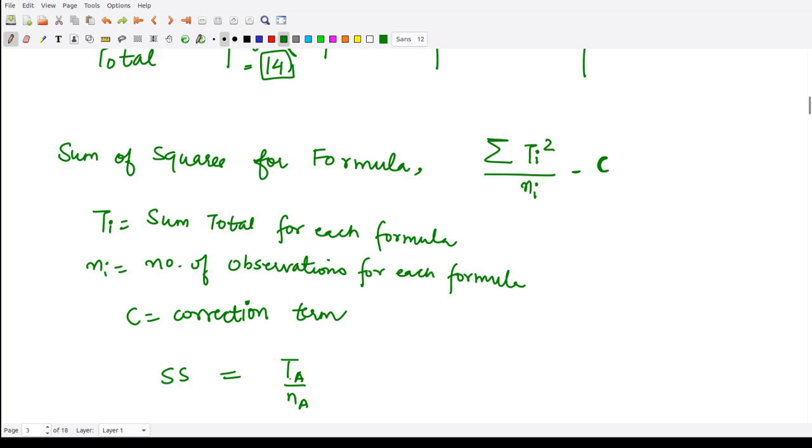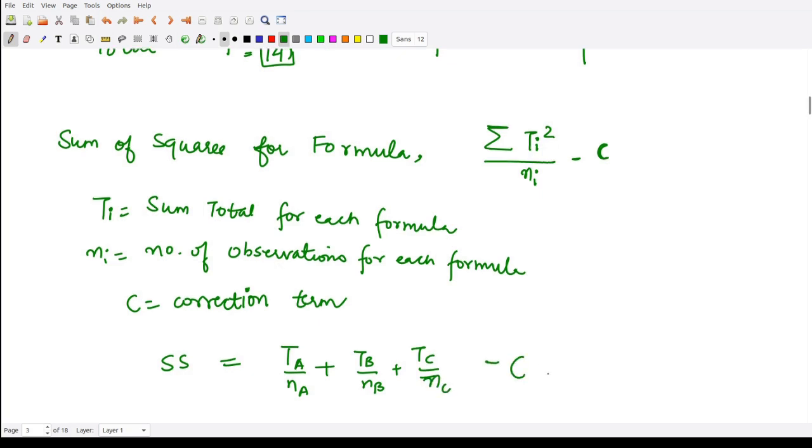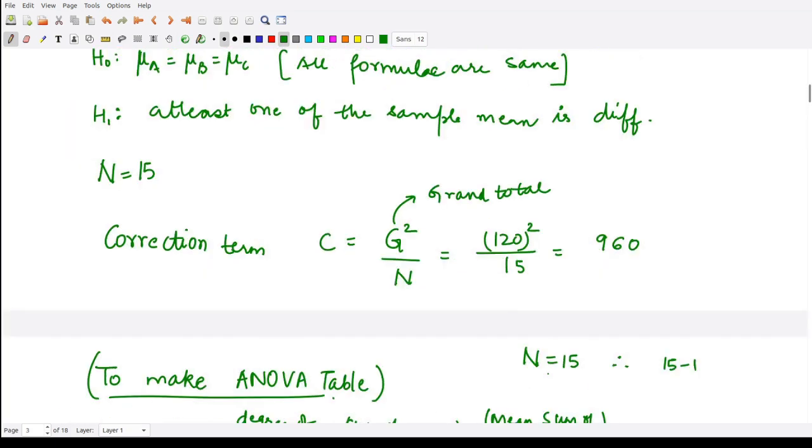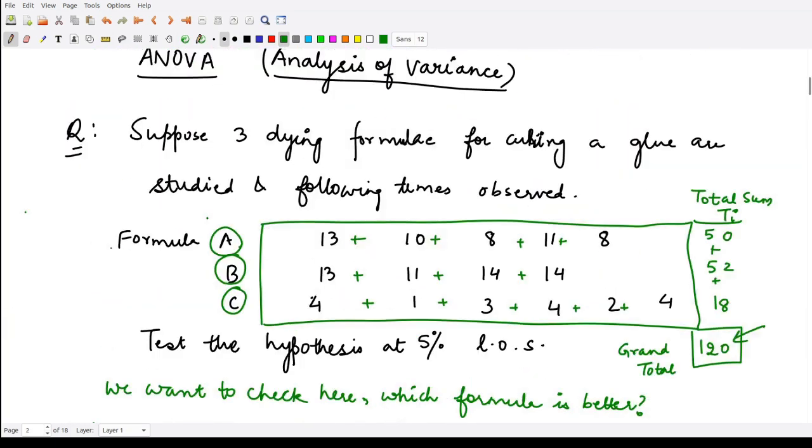So we have this term for the first formula, the second formula, and the third formula, minus C. Now what are TA, TB and TC? Let's go back to our table. The value of TA is equal to 50 here. The value of TB is 52. The value of TC is 18.